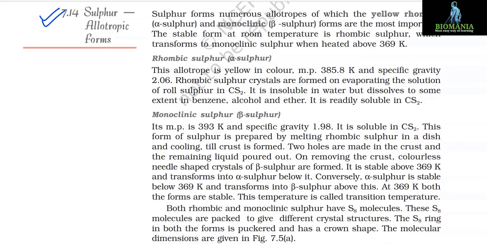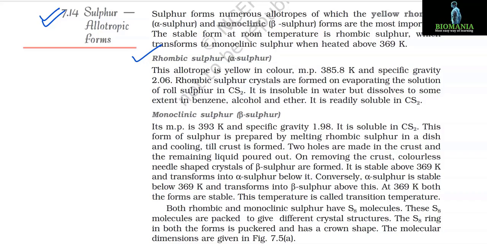7.14 Sulfur allotropic forms. Sulfur forms numerous allotropes, of which the yellow rhombic, that is alpha sulfur, and monoclinic, that is beta sulfur, forms are the most important. The stable form at room temperature is rhombic sulfur, which transforms to monoclinic sulfur when heated above 369 K. Rhombic sulfur or alpha sulfur.